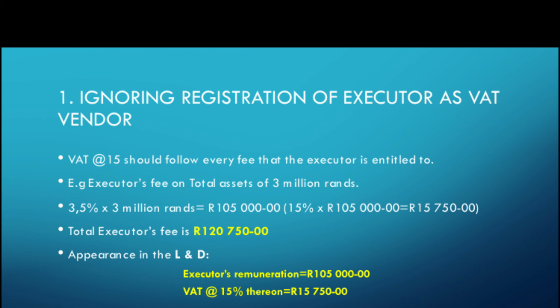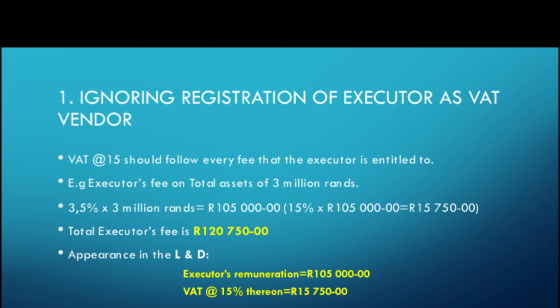Let's say 3.5% on 3 million total assets is 105,000 rands. If you put this amount as the executor's fee only, without VAT, it will definitely prejudice your numbers because VAT is not included.